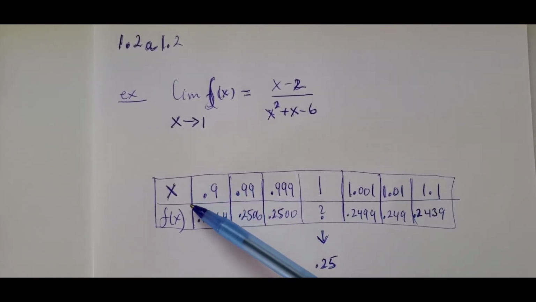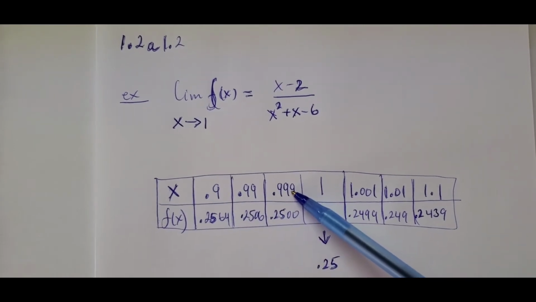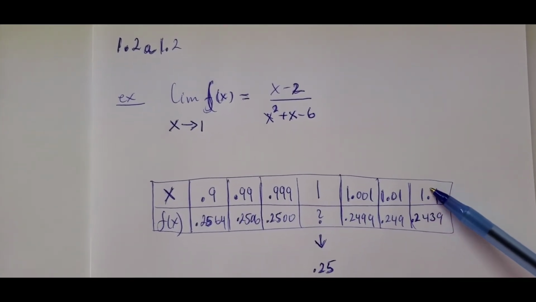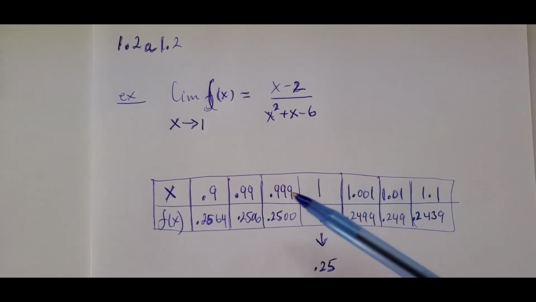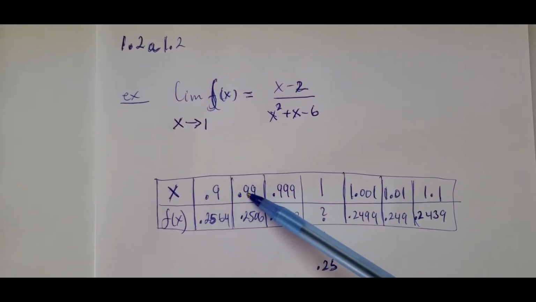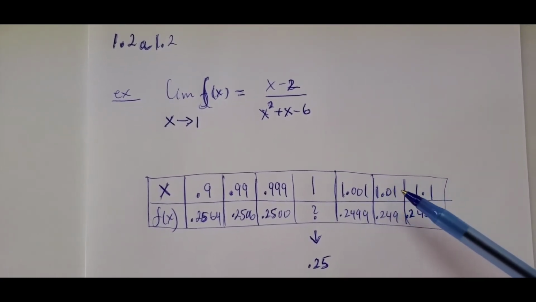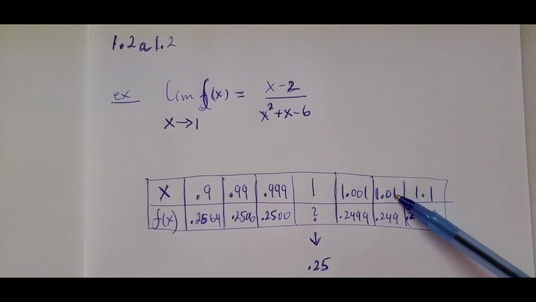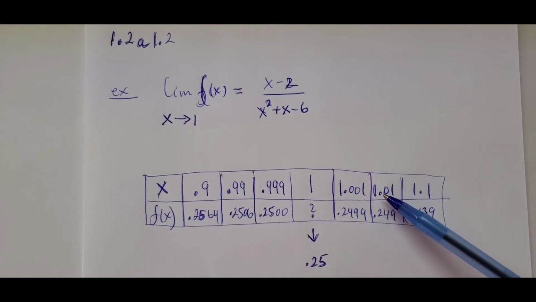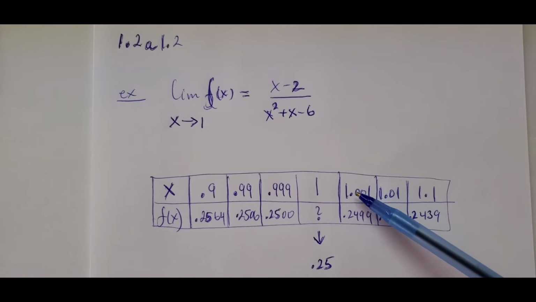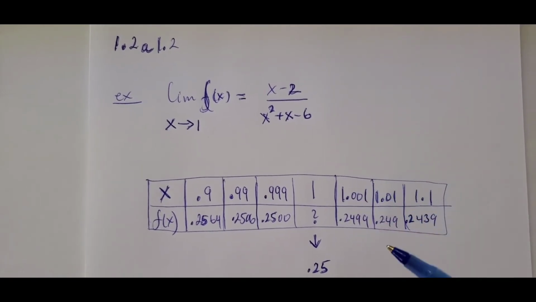If you notice, from the left you will increase, and from the right you will decrease. So add a 0: 1.01, add in another 0: 1.001.